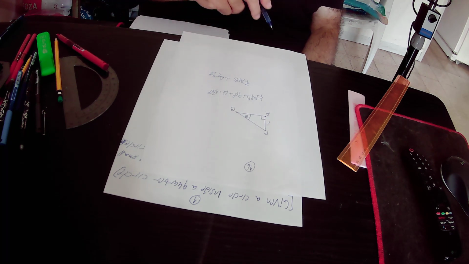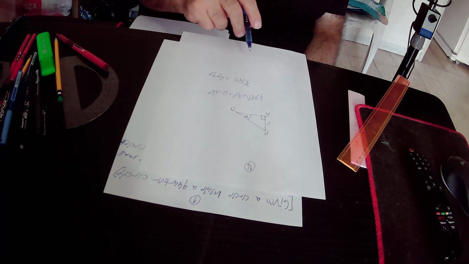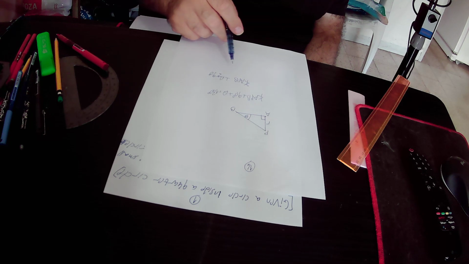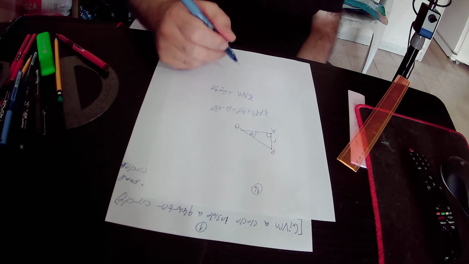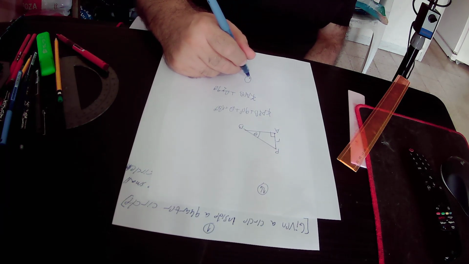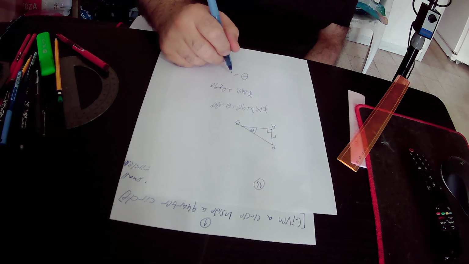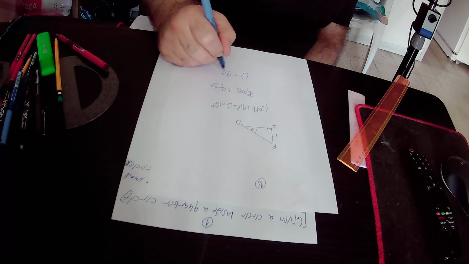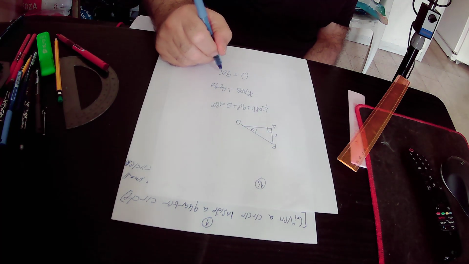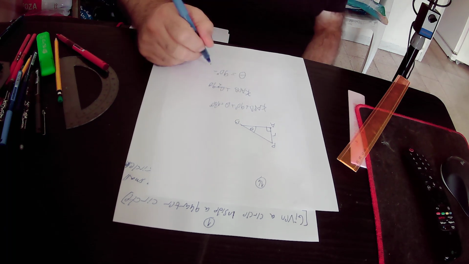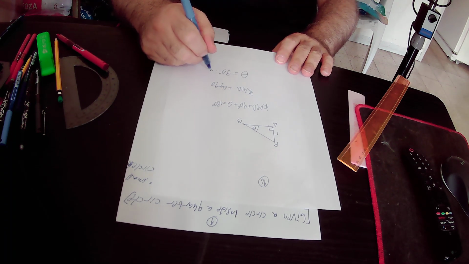Here we will subtract angle APB from this equality and we will get that angle theta equals 90 degrees minus angle APB.